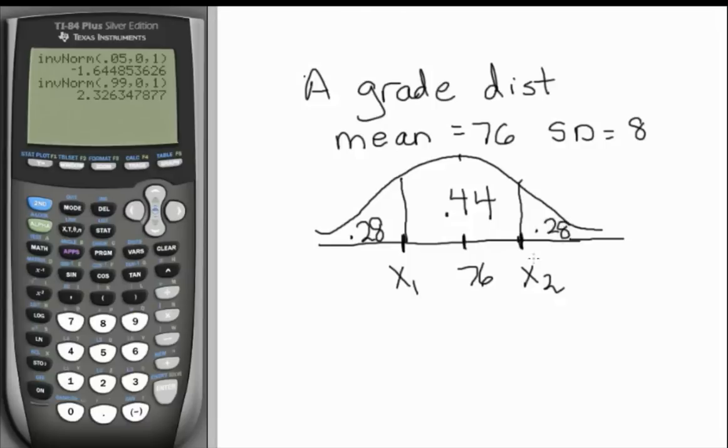So this adds up to 1, and all we want to do now is find our x1 and our x2. So keeping in mind that the inverse norm feature finds z values or x values given an area to the left, we can easily find the area to the left of x1 is 0.28, and we can easily find x1. Let's do that first.